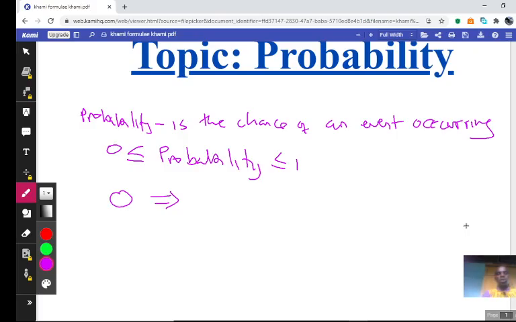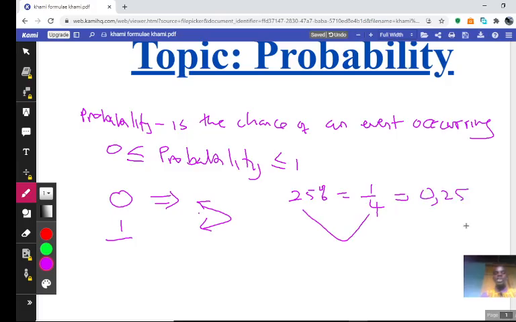So 0 and 1, that's the range of probability, which means it will never be negative. Also, it can be expressed as a percentage, a fraction, or a decimal. We can say 25% probability, which is the same as 1/4, the same as 0.25.